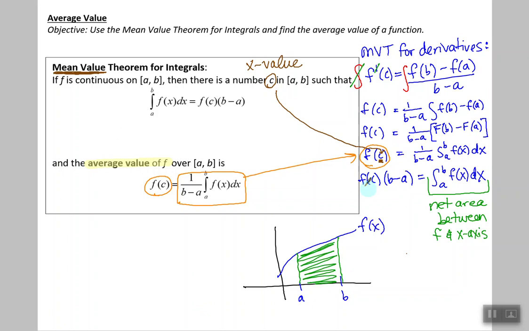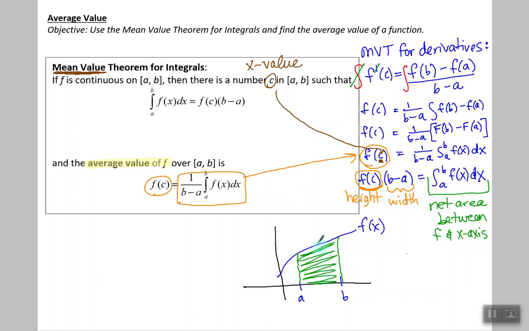Now on the other side of the equation, we have f of c, which is a function value, and that's how high up the function is. So f of c, which we said represents the average value of f, graphically represents a height, while b minus a is the difference between b and a, that represents a width.